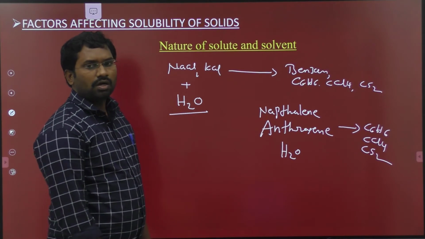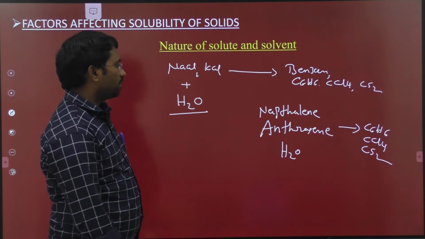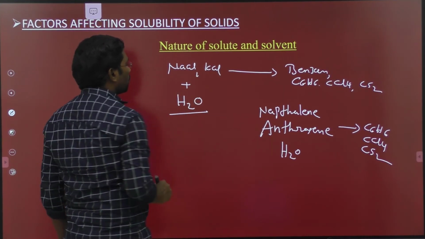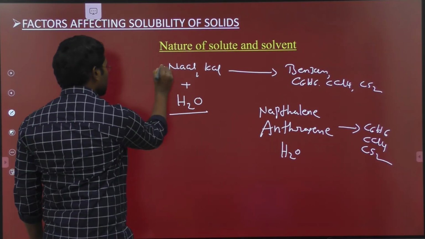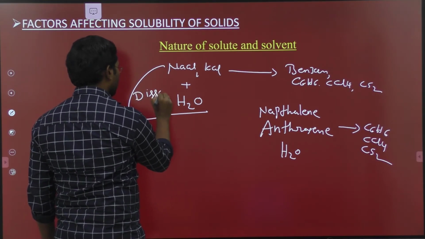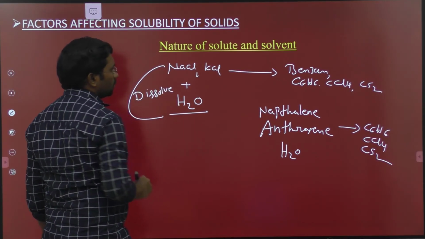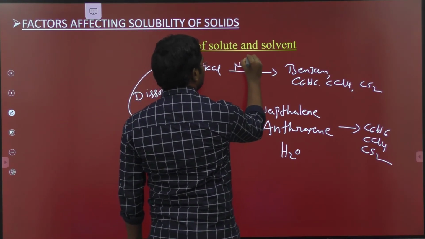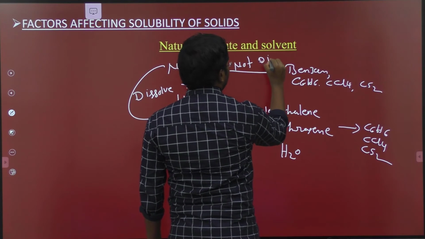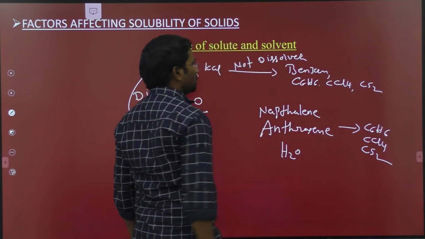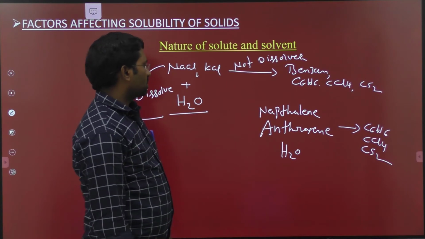By observing all these examples, we have to identify a common thing. In the first case, sodium chloride and potassium chloride easily dissolve in water, but do not dissolve in benzene, carbon tetrachloride, or carbon disulfide.